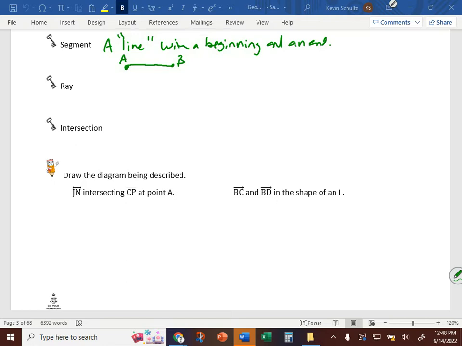It goes on forever. Okay? So when we talk about segment length, it can actually be measured. And how you would notate this, you could use AB with a segment symbol over it, no arrows. Or you could do segment BA, again, no arrows.